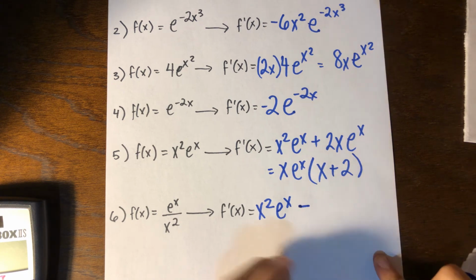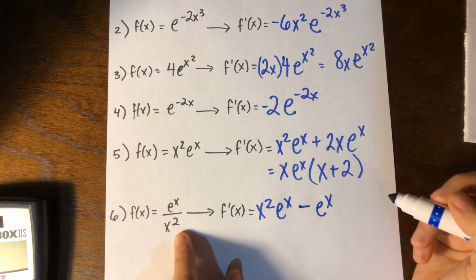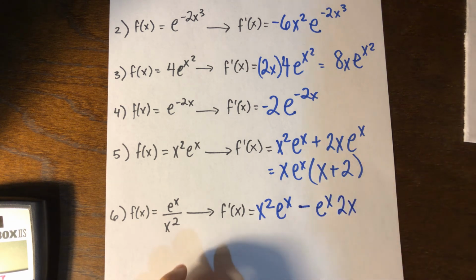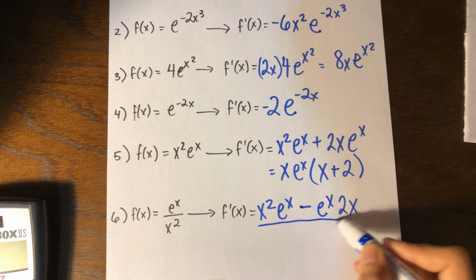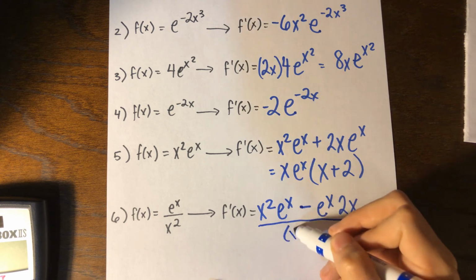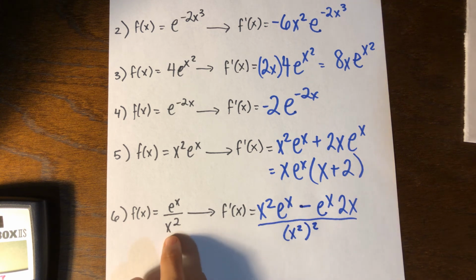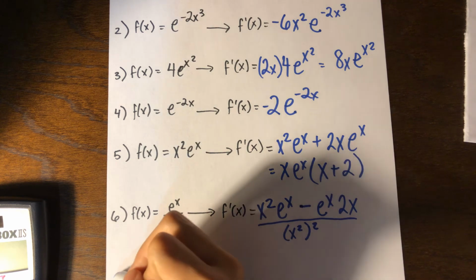Then we keep the top, multiply it by the derivative. The derivative of x squared is 2x. Then I'm going to look and say, well, am I done? No, I'm missing a part to the quotient rule. So I'm going to divide by x squared, and that is going to be squared because it's your bottom term squared.